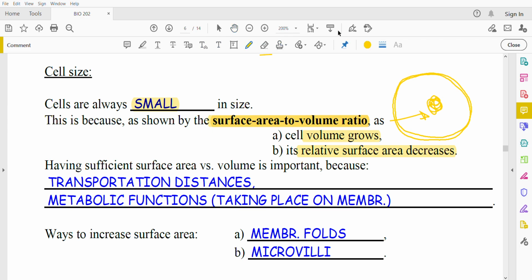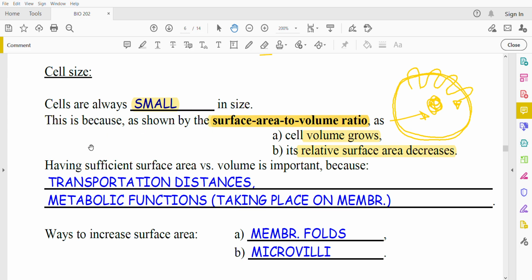The other concept that we saw was that a lot of the metabolic functions, so chemical reactions within the cell, took place on the cell membrane. So for that reason, we also want to have plenty of cell membrane available. So we want to keep the amount of surface area as large as possible in relation to the volume of the cell.